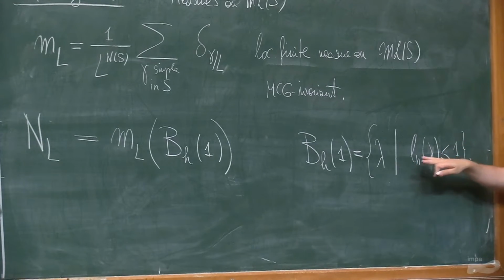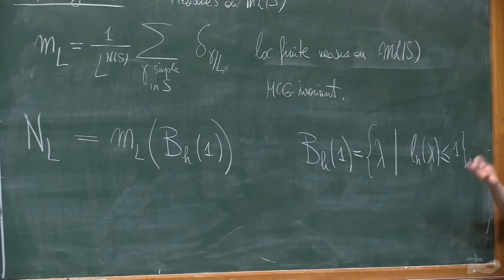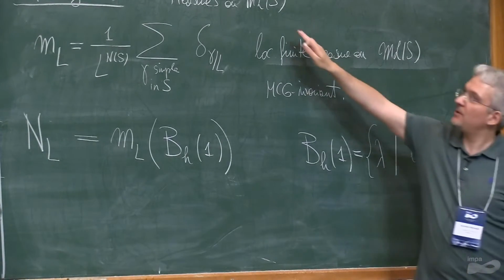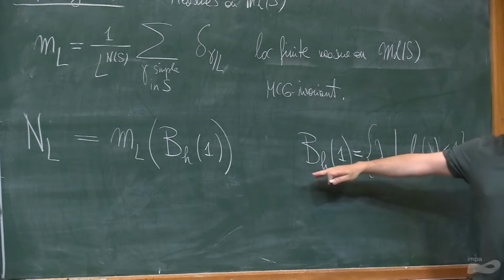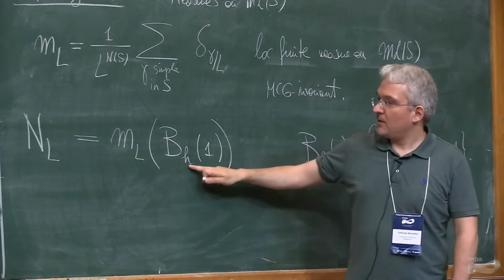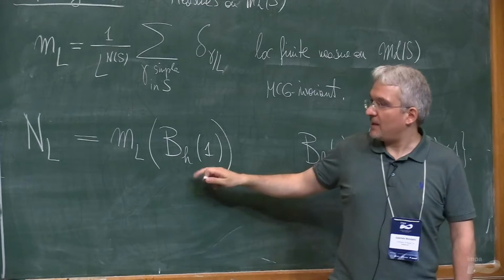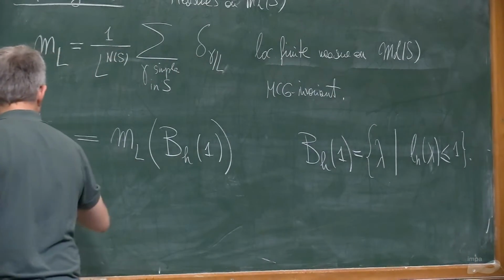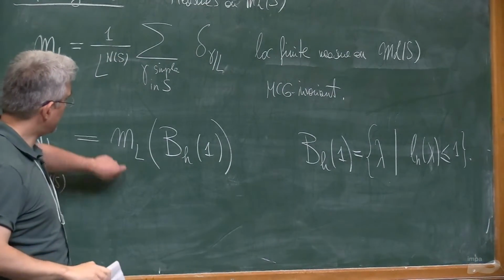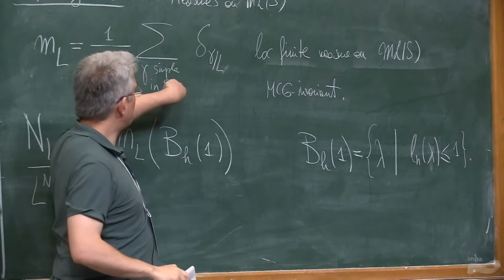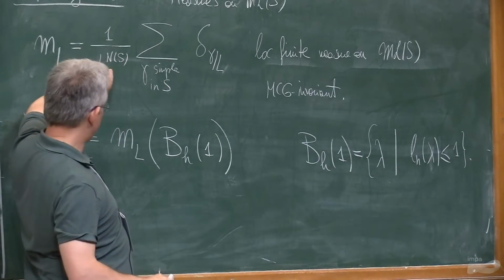So you have this unit ball, which is a closed compact subset of this manifold here. And if you take the measure of this, you are just counting the sum over the simple closed curves, beside this factor which is here.